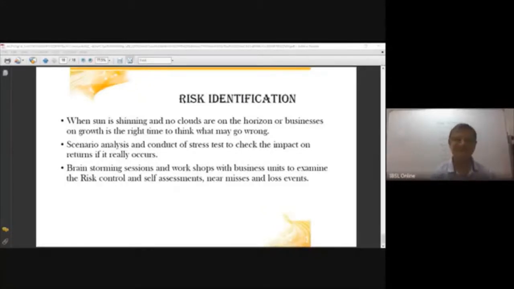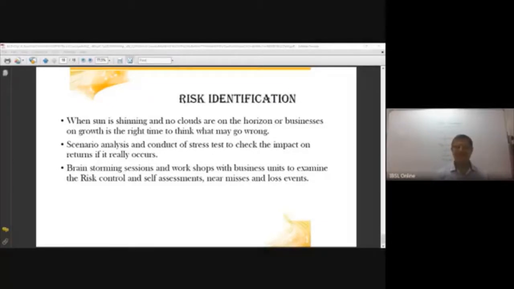The first step is to identify. So they will read through this proposal, which will be a credit appraisal form, and see what industry this particular customer belongs to. Then they will see whether that particular industry is doing well.